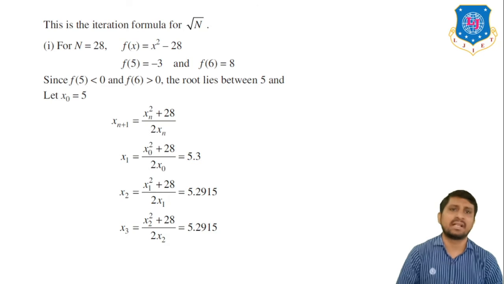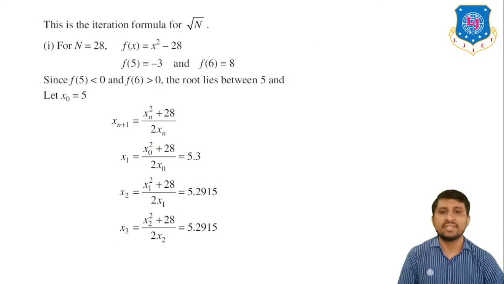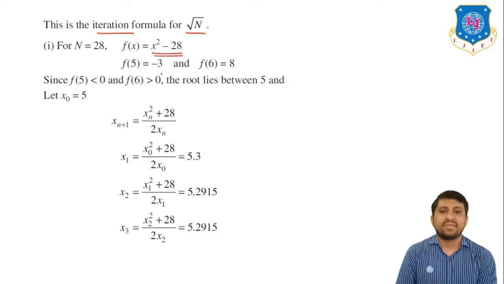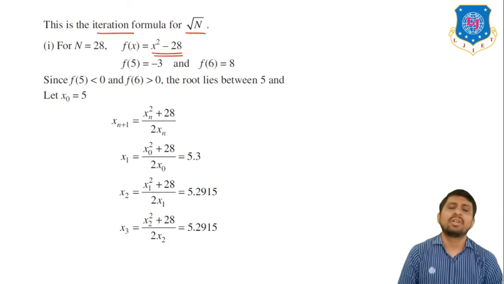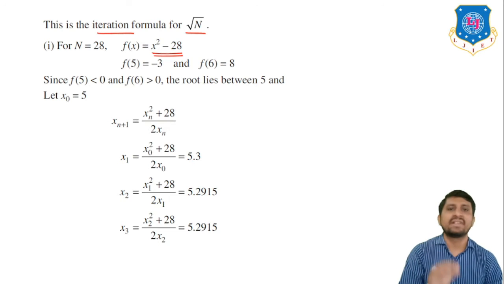Now I will solve the first example, the square root of 28, and try to solve the other two examples, root 65 and root 3, yourself. So this is the iteration formula for the square root of n. F of x is x square minus 28. Now I first want to find that the root of this function is between 5 and 6.